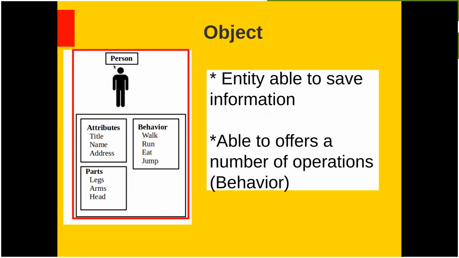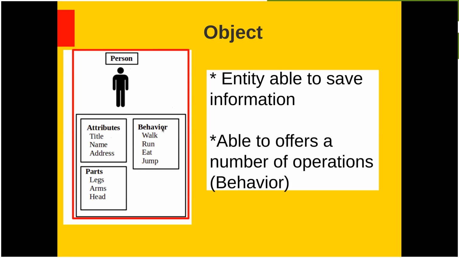Here, this is an object. This object has three things: attributes, behavior, and parts. Attributes are title, name, address, like that. The object is person.